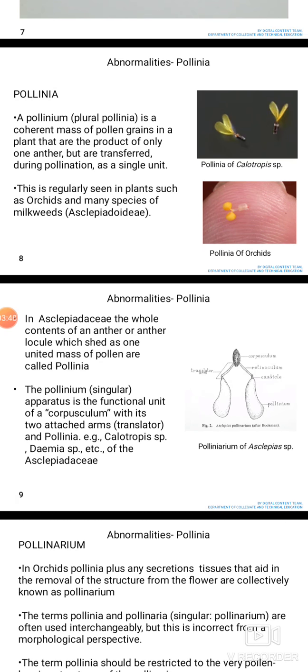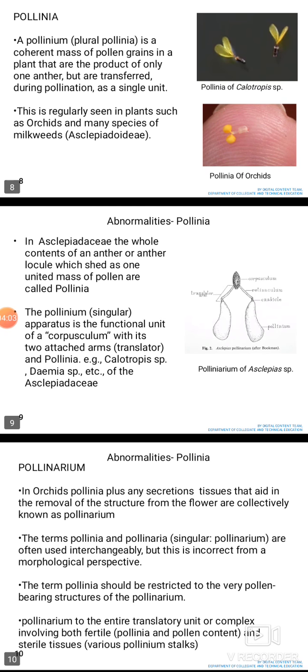Pollinarium. In orchids, pollinia plus any secretion tissues that aid in removal of the surface structure from the flower are collectively known as pollinarium. The terms pollinia and pollinaria are often used interchangeably, but this is incorrect from a morphological perspective.